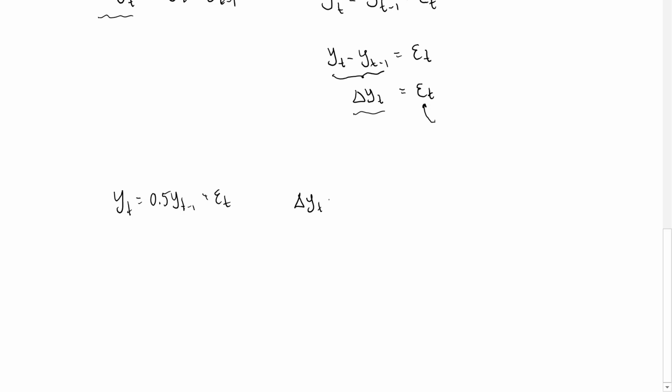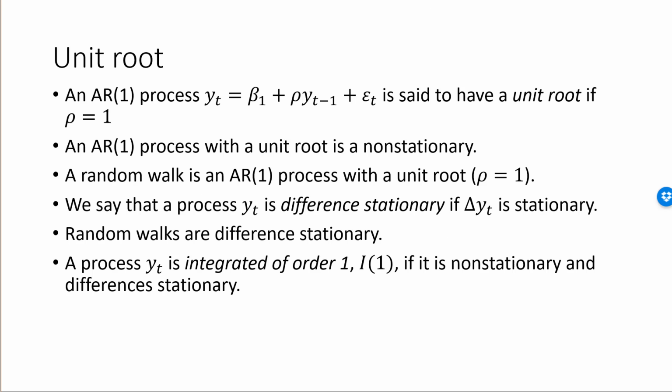If you look at the delta yt, which is yt minus yt minus 1, that is 0.5 yt minus 1 plus epsilon t minus yt minus 1, and 0.5 minus 1 is minus 0.5. So it still satisfies the stability condition, so it is actually difference stationary as well.